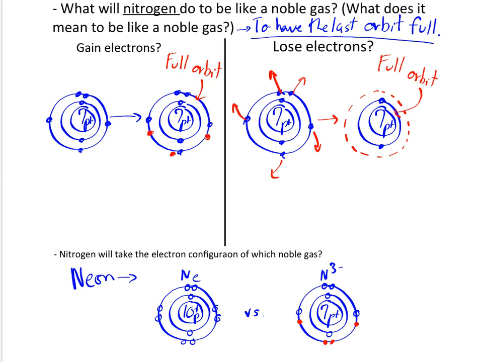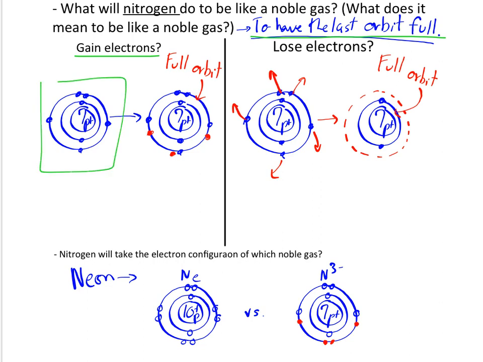Now let's take nitrogen for example, and let's see if we can figure out what it's going to do to be like a noble gas. And to be like a noble gas, again, means to have your last orbit full. That's the goal of all atoms. That's why they become ions, to be more like a noble gas. So first option for nitrogen, will it gain electrons? Let's try that one.